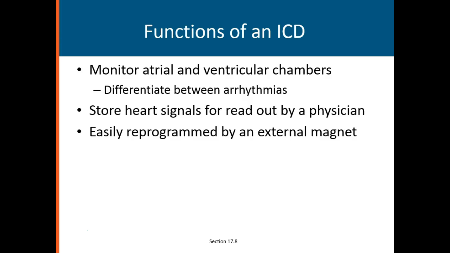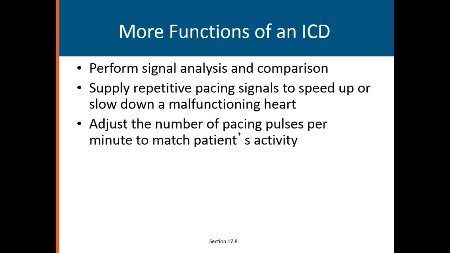That changes the settings, so you don't have to go in and do surgery to reprogram it. More functions of the ICD: perform signal analysis and comparison, what you've had to what you have now, and supply repetitive pacing signals to speed up or slow down the malfunctioning heart.